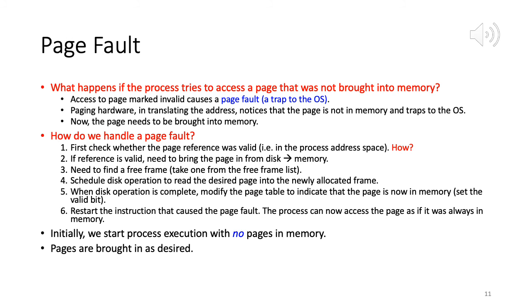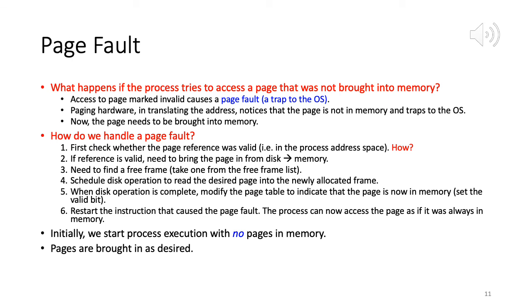First we check whether the page reference was valid, that is, in the process address space. Right. So we are referring to a page. First we have to check whether that page lies within the process's address space. Because you have a bunch of processes in the virtual address space, and you can refer to a page in any one of those processes.